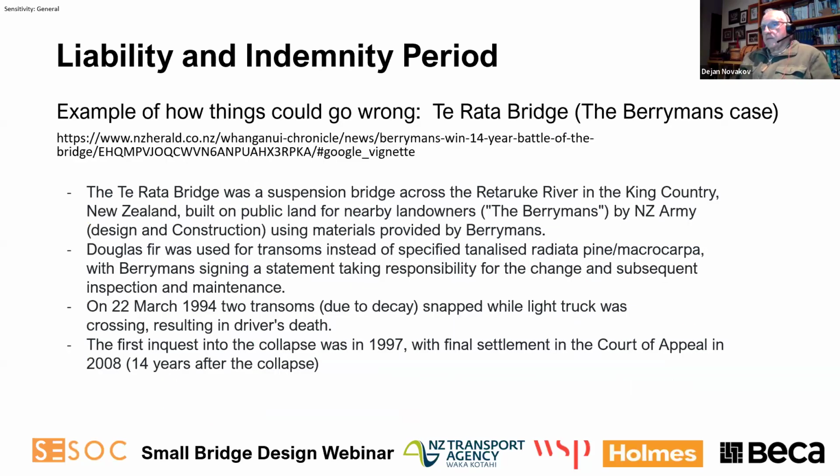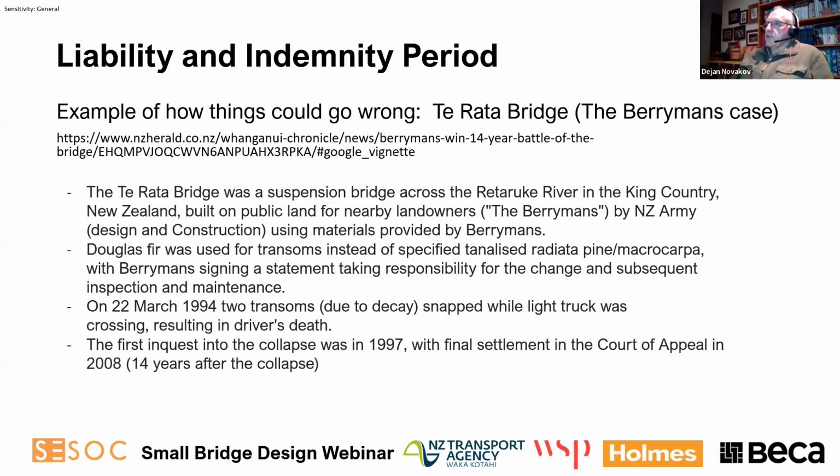Here is an example, again not wanting to scare anybody, of how things went wrong. About 20 or 30 years ago, a bridge collapsed, and it's famous, the Berryman case.